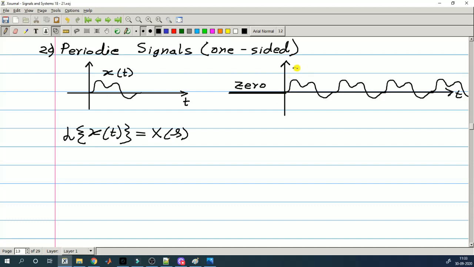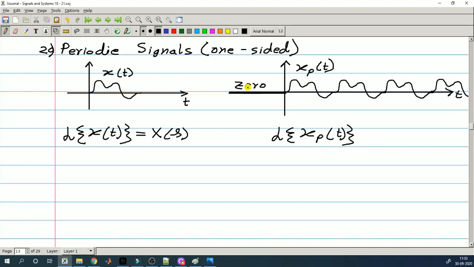Now let us call this signal x_p(t), periodic t. Now what will be the Laplace transform of x_p(t)? Let me repeat that x_p(t) is one-sided periodic, the other side is 0.